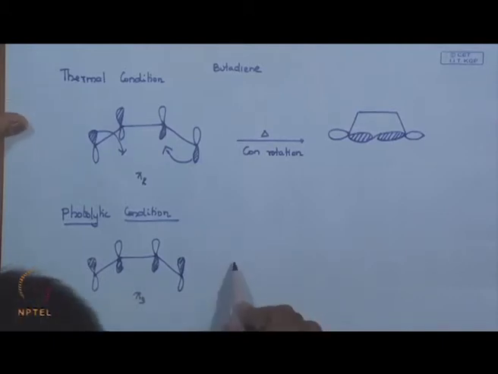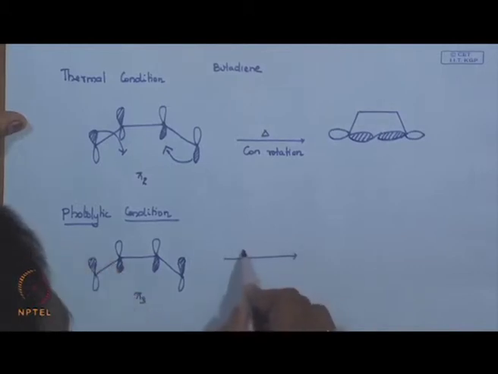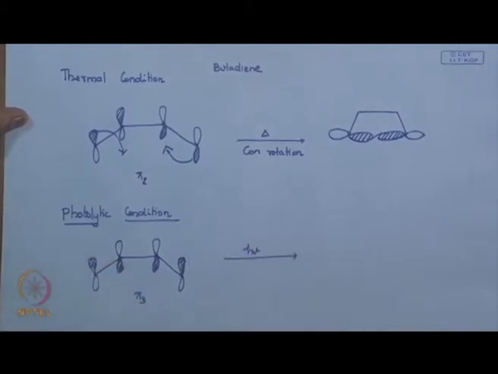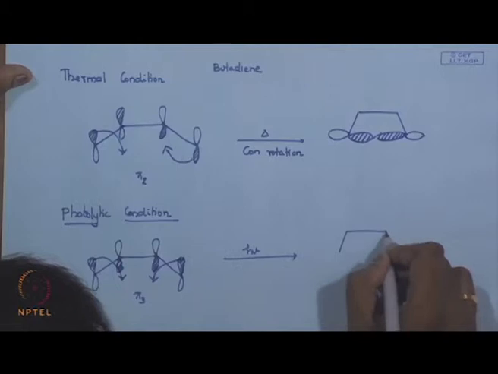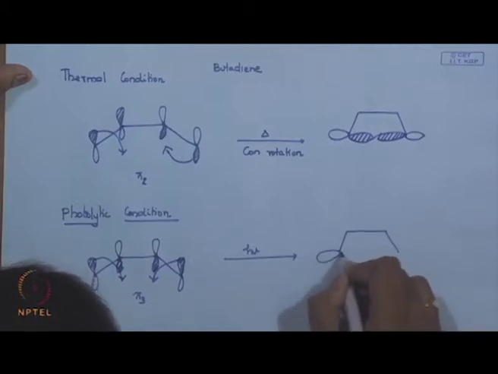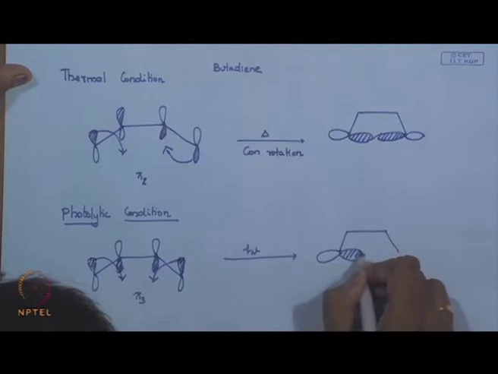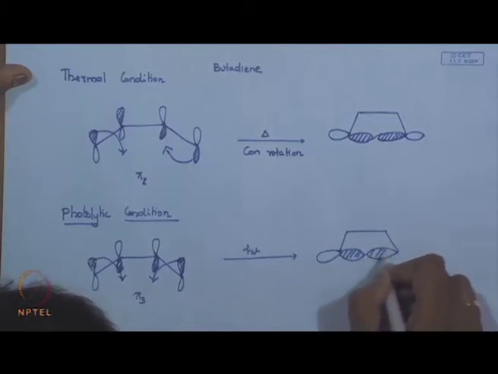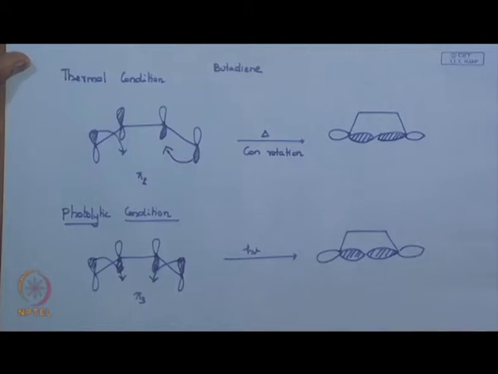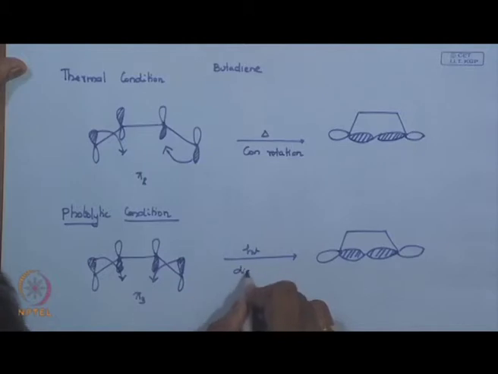Now, this is h nu, which you know that you represent for light. Now what direction? Yes, I can make this like this, fine, to give me my orbital. So one is clockwise, another is anti-clockwise. If you have a clockwise and anti-clockwise, what did we say? Yes, we said it is a disrotation.